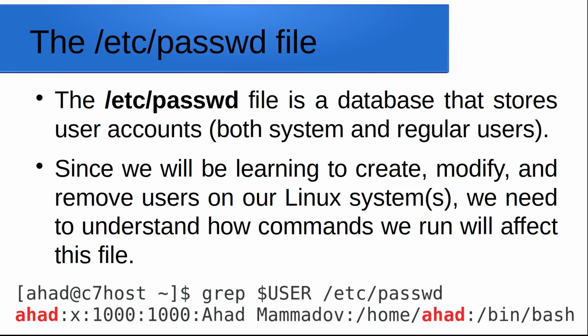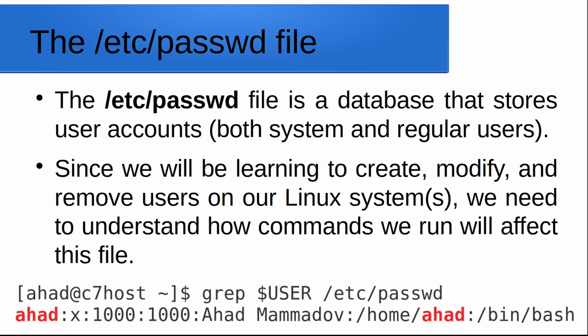So there's a couple important files that we're going to look at. /etc/passwd being one of them. It doesn't actually store the passwords, but it used to at one point in time. This is where they used to be. So it's a database that stores your user accounts on the system, both regular users and system users. And you never modify this file directly. You use some commands to do this.